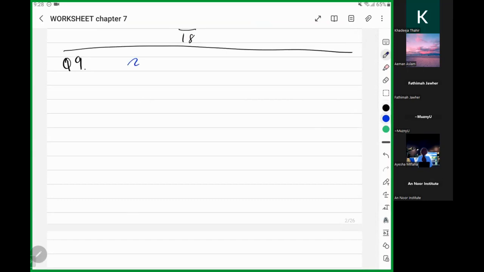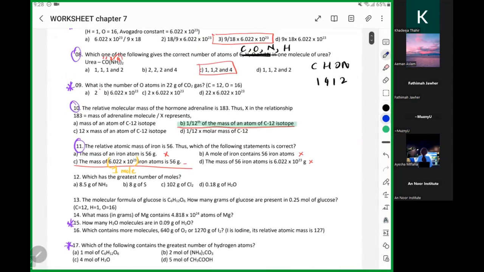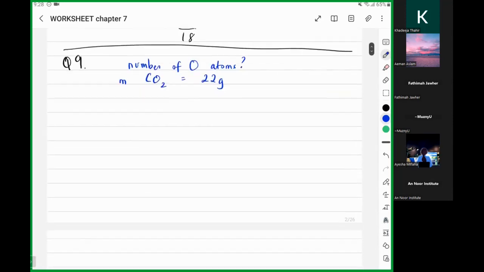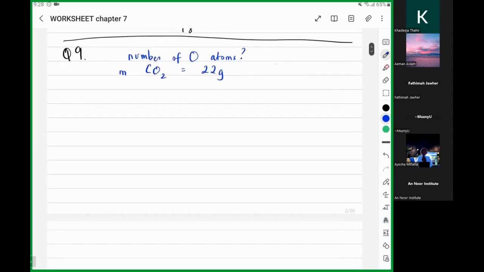They're asking you the number of oxygen atoms, and they have given you the mass of CO2 as 22 grams. This is all the information. Mass of CO2 is given and the number of oxygen atoms is your question. Now, they have also given carbon is 12, oxygen is 16. And anyway, you're supposed to know the Avogadro number, okay?